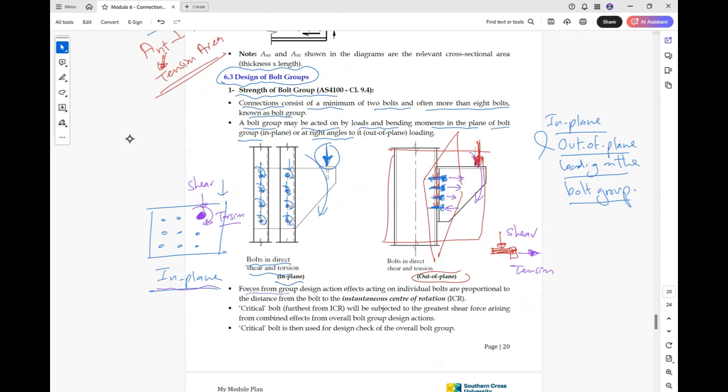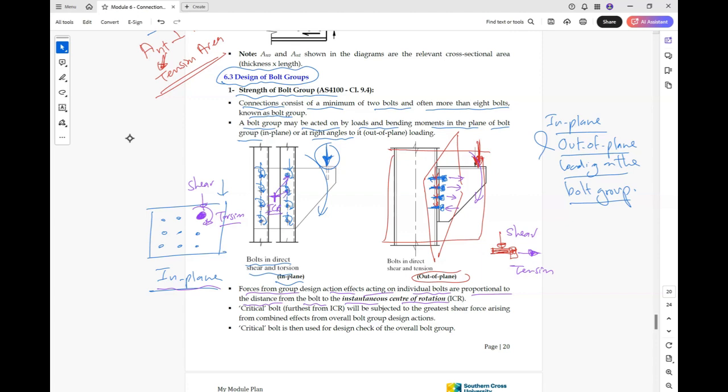Forces from the group design action effects acting on individual bolts are proportional to the distance from the bolt to the instantaneous center of rotation, ICR. So we have a center of rotation called ICR.